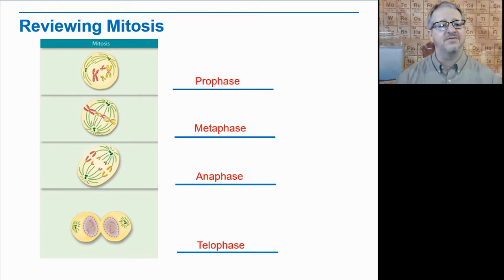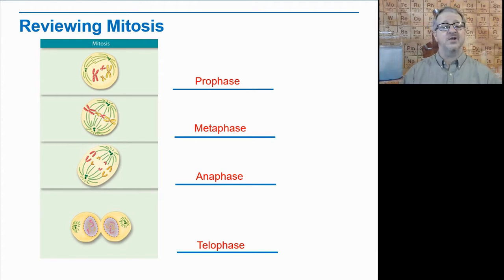The first stage of mitosis is prophase, and that is when the nuclear envelope begins to break down and the spindle fibers begin to form from the centrioles. And they're going to connect to the centromeres of the homologous pairs. And there's that word again, homologous pairs. Then metaphase is where the chromosomes are lined up across the middle of the cell, preparing for separation.